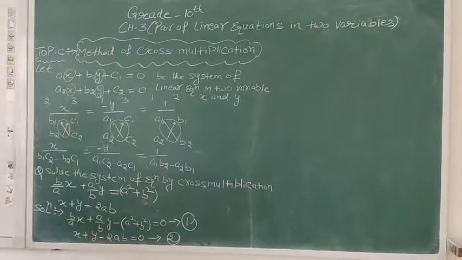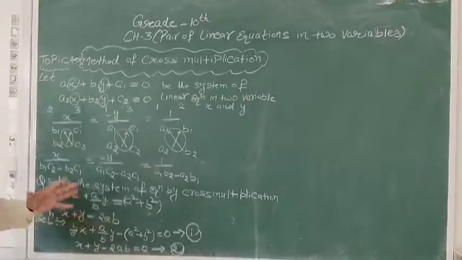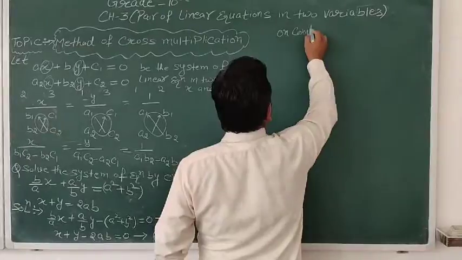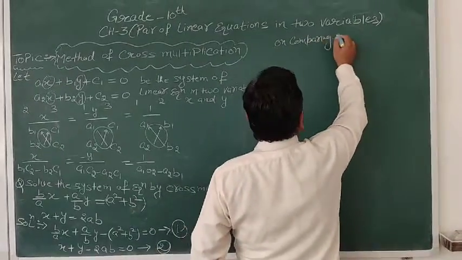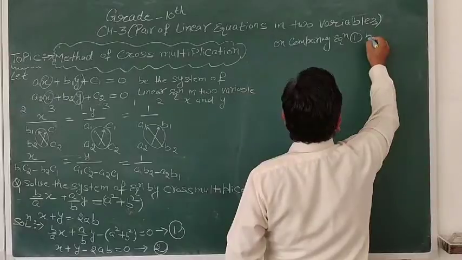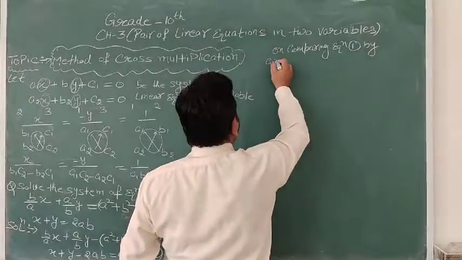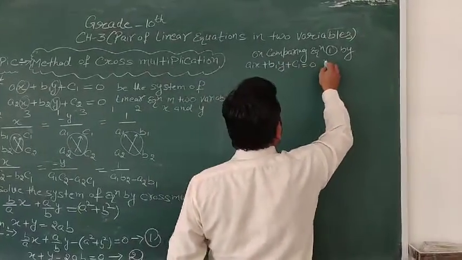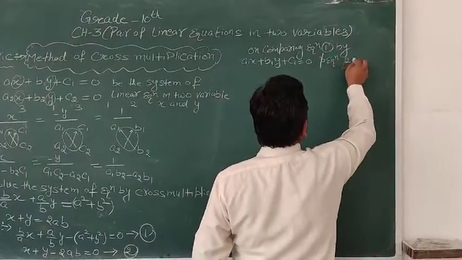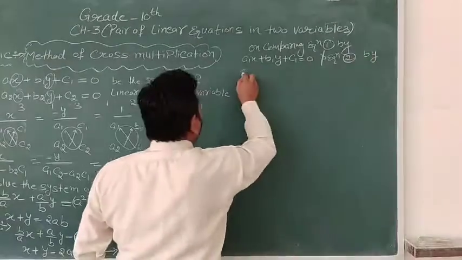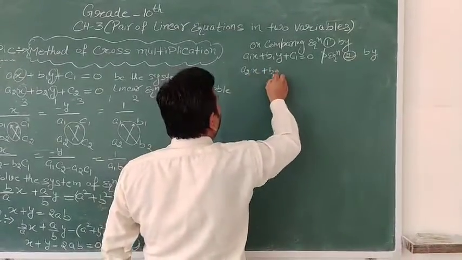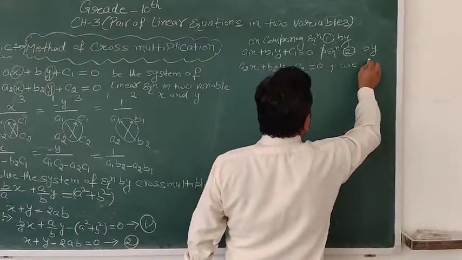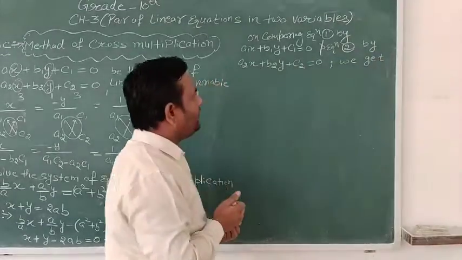Now students, we have our actual two equations, number 1 and number 2. So on comparing equation 1 by a1x plus b1y plus c1 is equal to 0, and equation number 2 by a2x plus b2y plus c2 is equal to 0, we get some values, some coefficients.